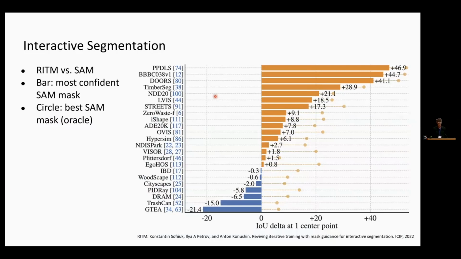And this is cheating a little bit for evaluation because we have to look at the ground truth and pick the one that matches best. But you can see on the circle part of this plot that in all the data sets, this is a significant improvement. So it makes the argument that at least one of the three masks is pretty good, even if the model doesn't know which one it should be returning.